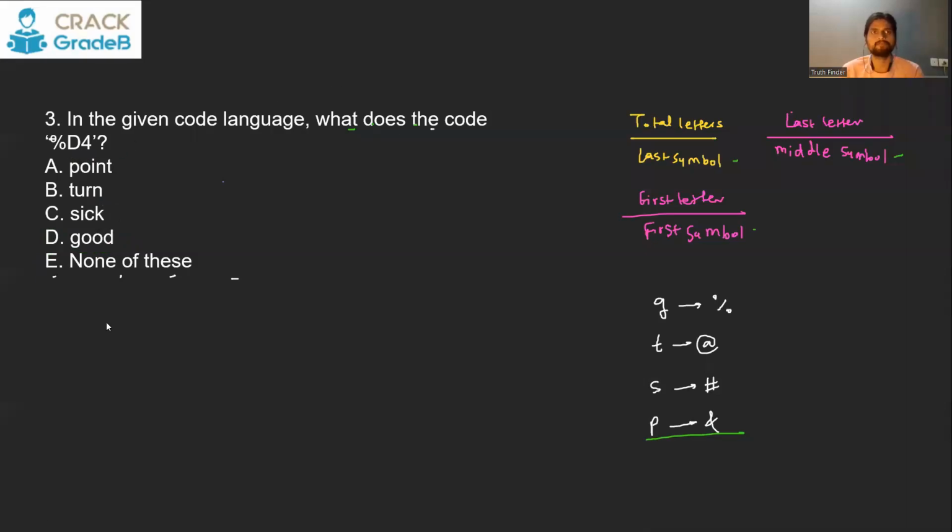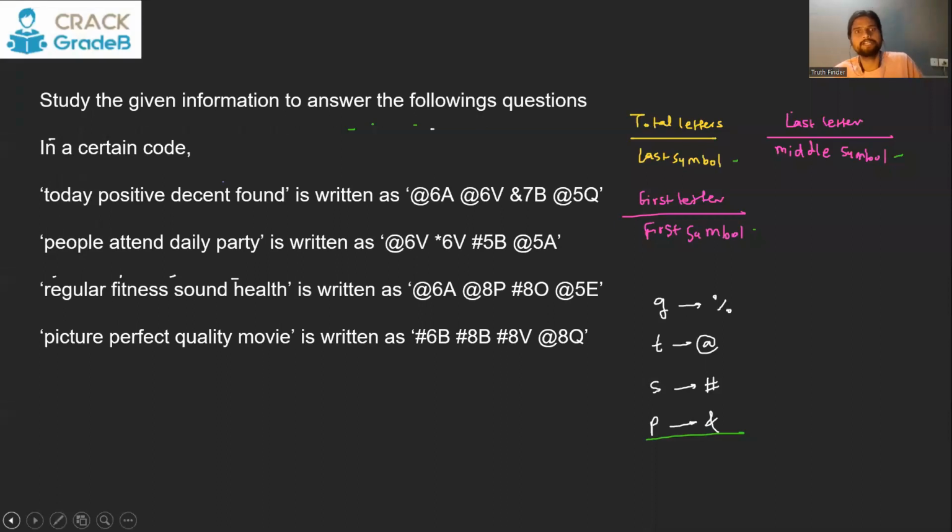Let's see the next one. This is a question that you can practice. It is equally easy; you just have to decode it. I'll give a little hint here: 3 times @ is here. So you either have to look for the total number of letters. Total number of letters are 5 and 5, but here there are 8 and 6, so no. Now look for the number of vowels.